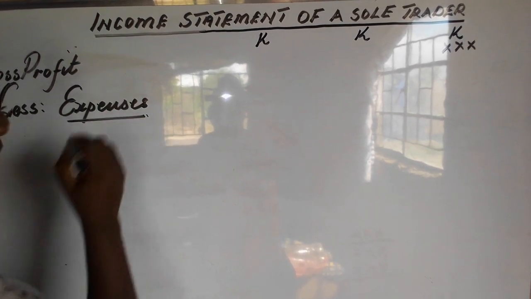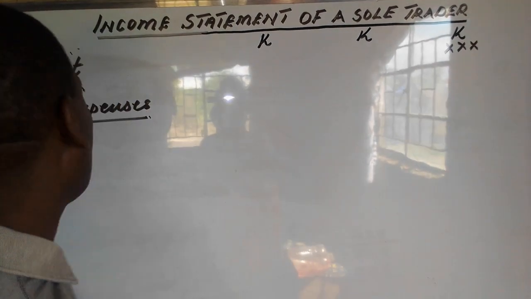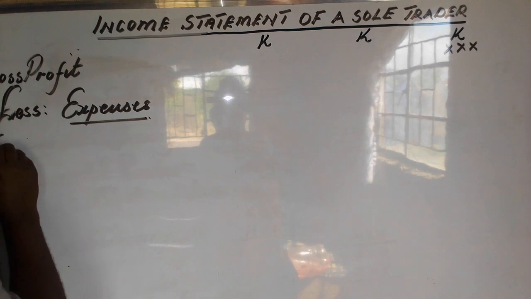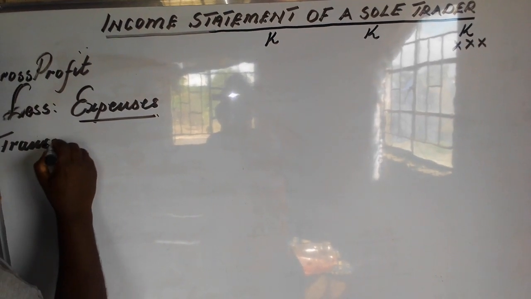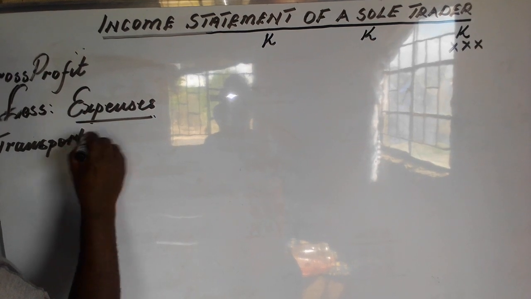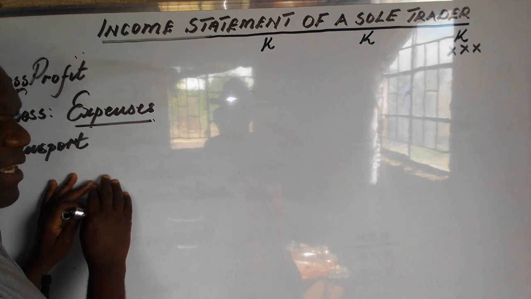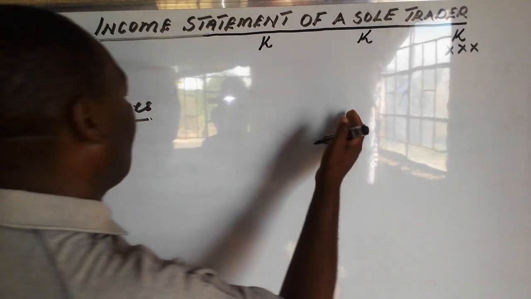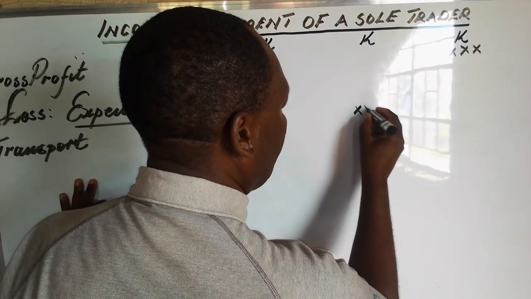You can even underline. So the expenses that we are talking about here, we are looking at transport for the period. Transport, okay? This figure comes direct. If it has no adjustments, it will come here.